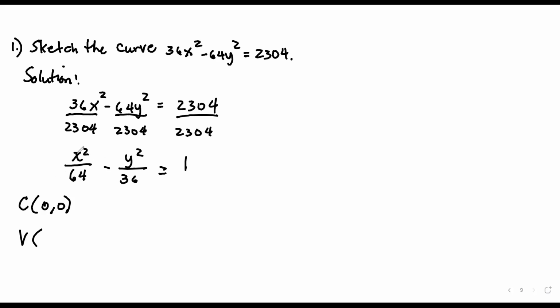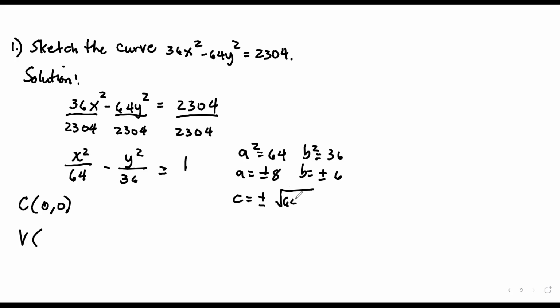So mas malaki class ang denominator ng x squared. Ibig sabihin, ang transverse axis natin ay nasa x, on the x-axis. So we will have a squared equals 64. So a is positive negative 8. B squared equals 36. So b is positive negative 6. We'll find this value of c, that's positive negative square root of a squared plus b squared, so 64 plus 36.